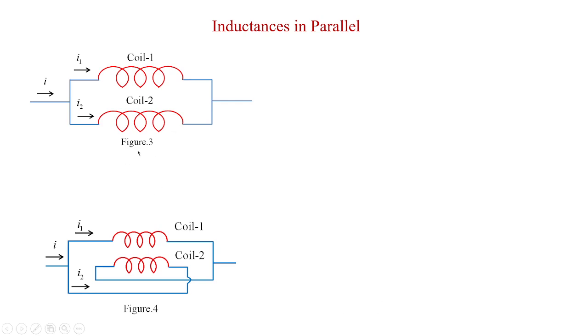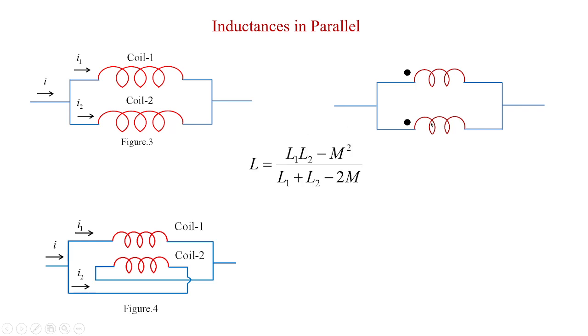Now inductances in parallel. We have seen figure 3 and figure 4 in earlier classes. This is the arrangement for cumulative, and figure 4 represents the differential. With the dot convention, this is how the coils are placed. This is the condition for cumulative, and the formula obtained is L equal to (L1 L2 minus M square) divided by (L1 plus L2 minus 2M).